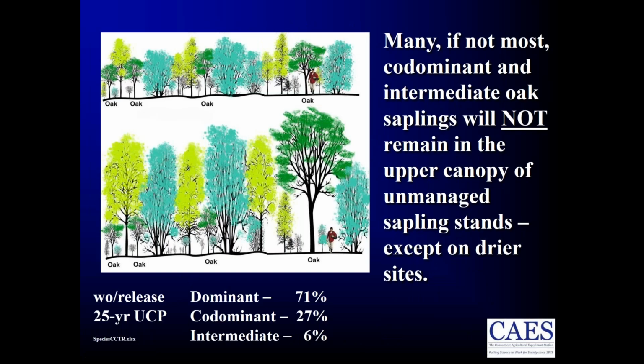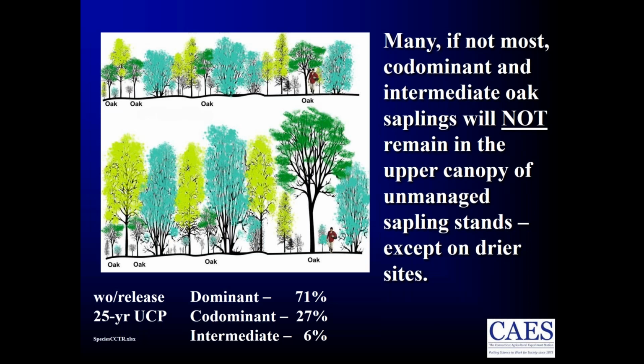One of the things we found from earlier work, and this is probably more for the folks in southern Vermont, is that many, if not most, codominant and intermediate oak saplings will not stay in the upper canopy as time goes on. If you look at the diorama, it's just trying to show the concept. And if you look at the bottom, you can actually look at the numbers.